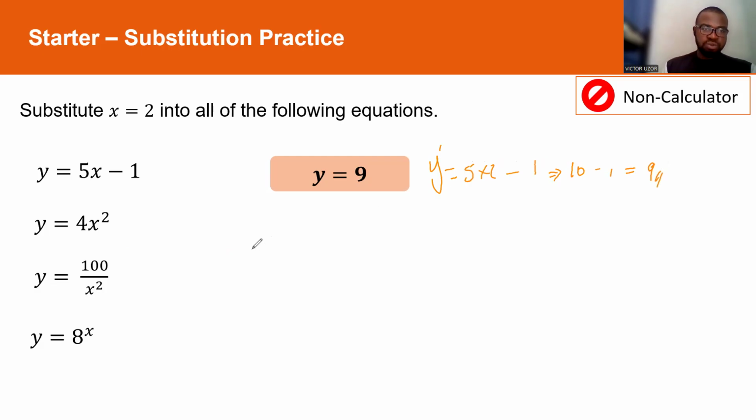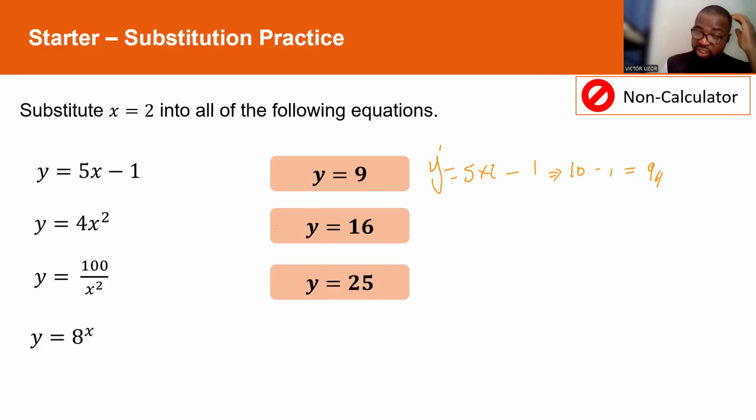You see, the same thing happens to the second one. If x is 2, the answer that you will get there will become 60. That means x is going to be 2 squared, which is 4, and 4 times 4 will give you 16.